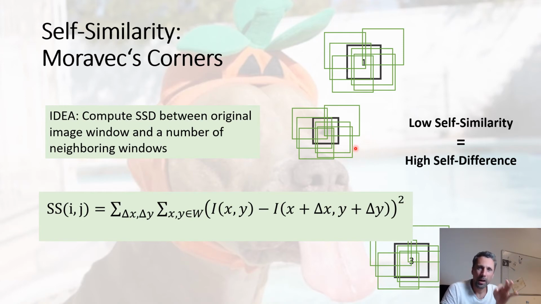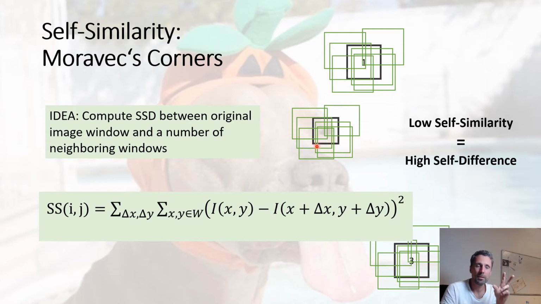Now, what kind of corners, what kind of points, what kind of original windows do we like to identify? Well, exactly those that have low self-similarity, right? Because if they move, we wouldn't be able to find them again, because their environment, their neighborhood, just looks very similar.